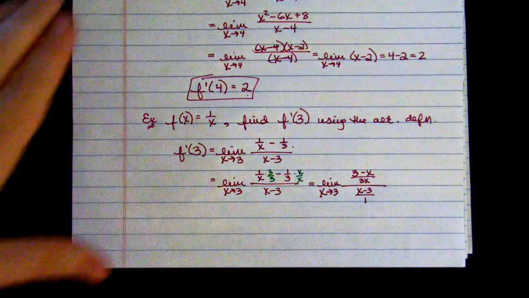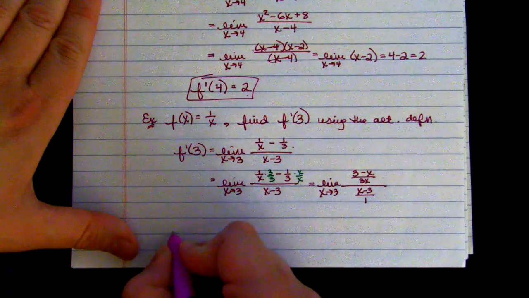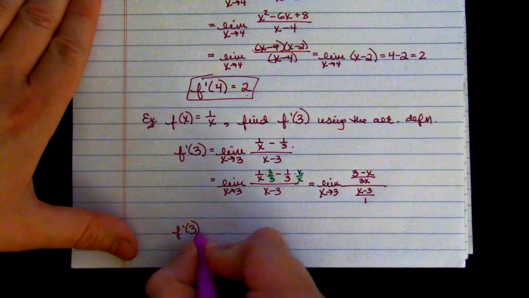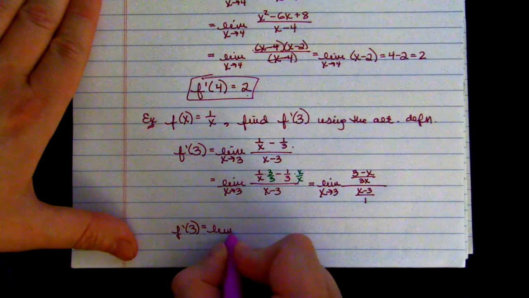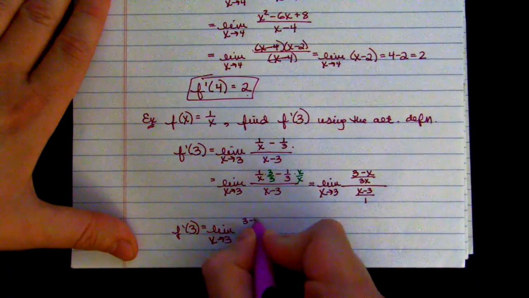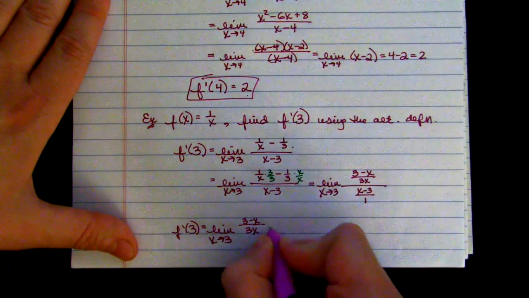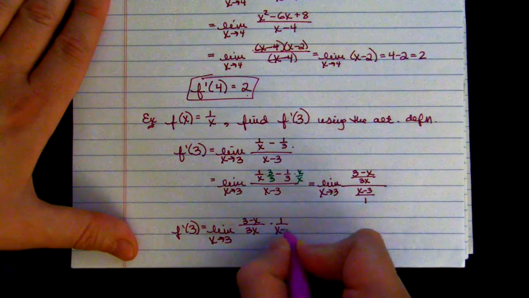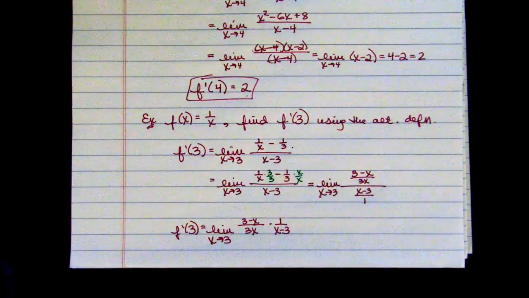Rather than divide, I'll multiply by the reciprocal. Let's see, f prime of 3 equals the limit as x approaches 3 of 3 minus x over 3x times 1 over x minus 3. You know what? See if you can go finish this off.